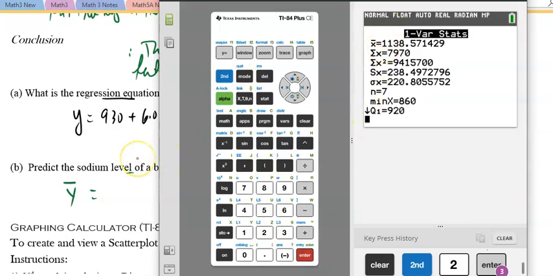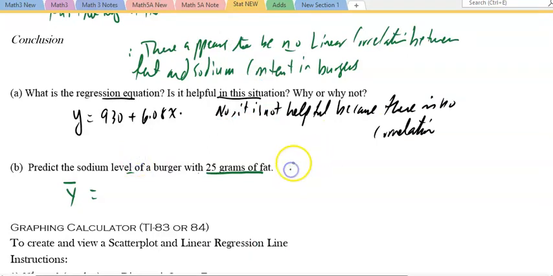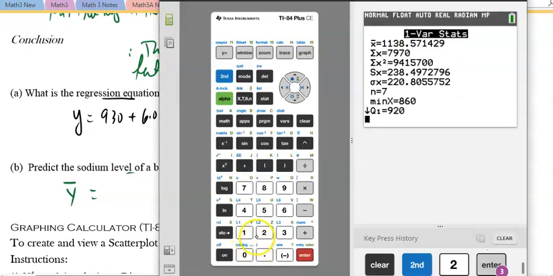Even though it says X, we know it's not X. So here, if you go second, L2, and L2 is really number 2.